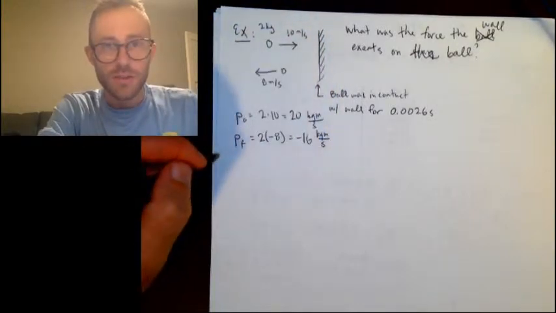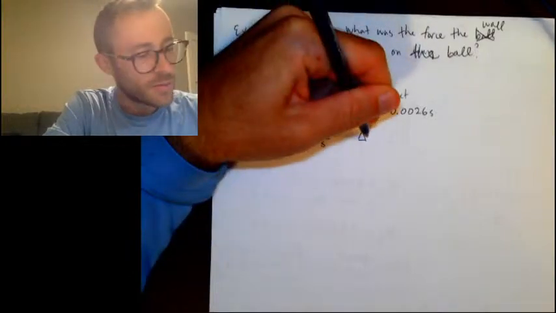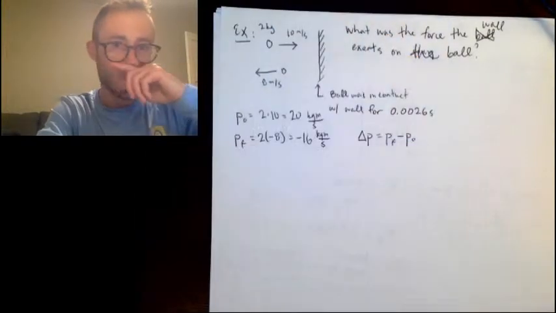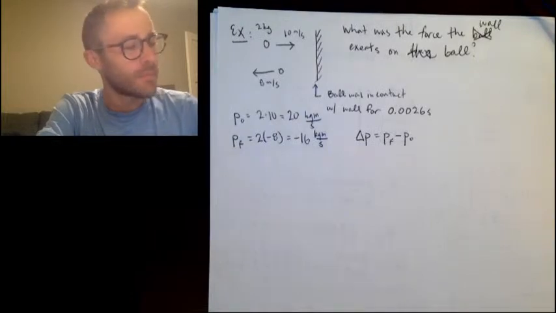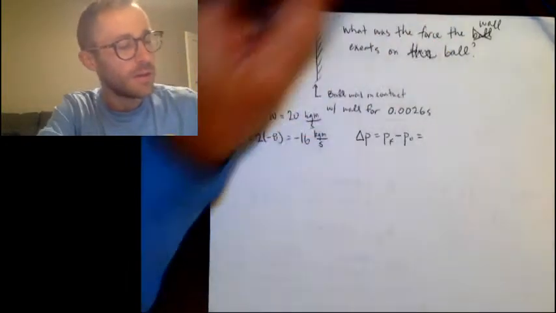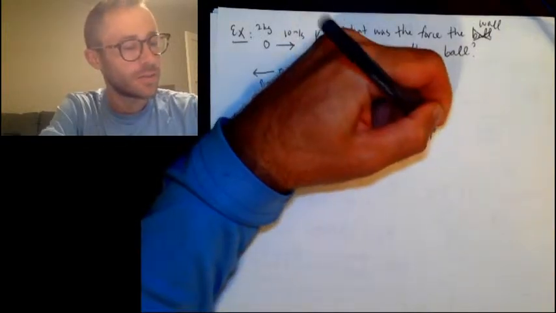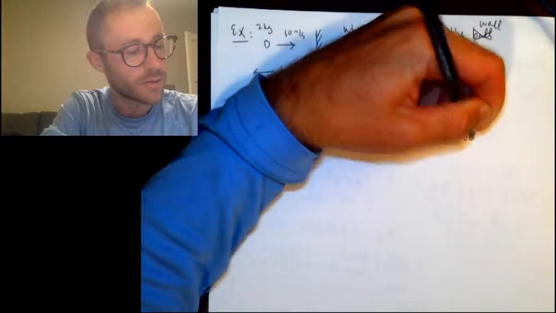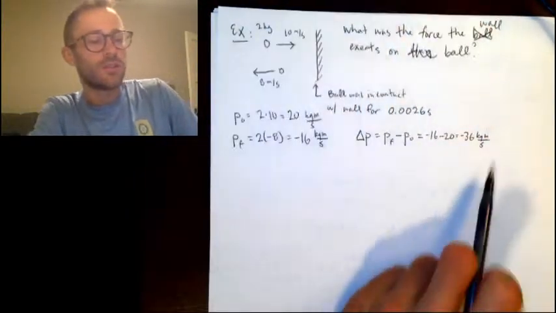So that means that the change in momentum is final momentum minus initial momentum, equals negative 16 minus 20 equals negative 36 kilogram meters per second. So that's the change in momentum.